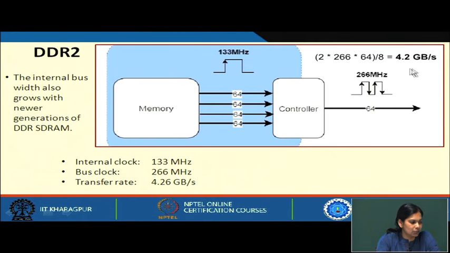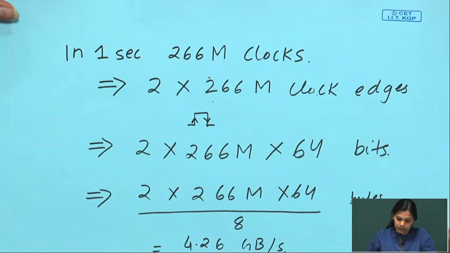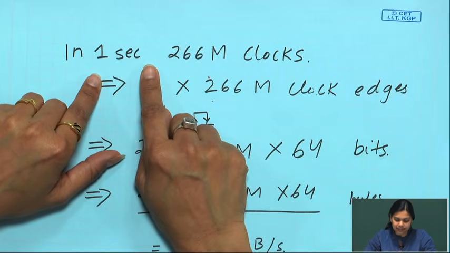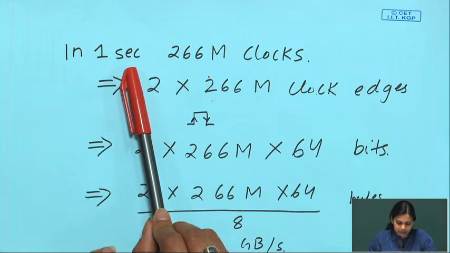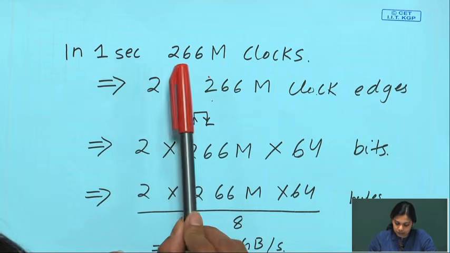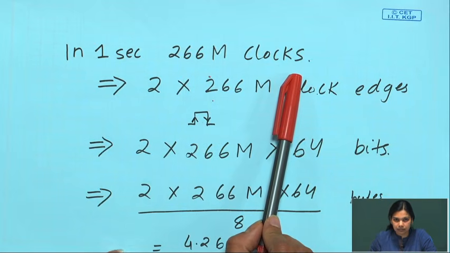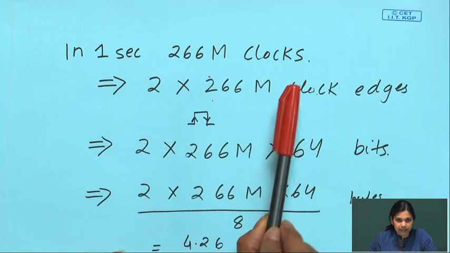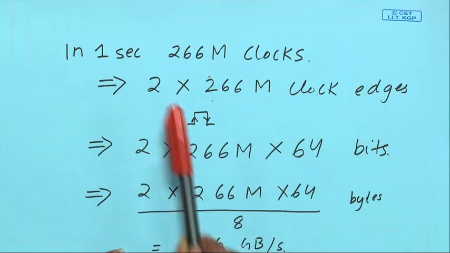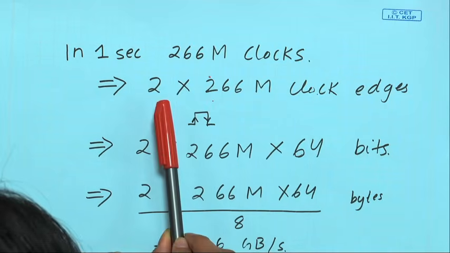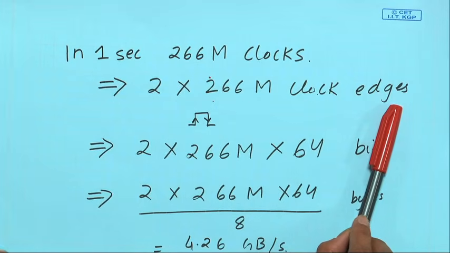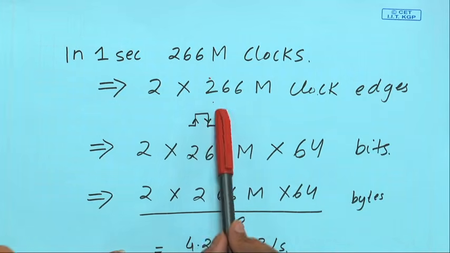Now, let us see how this calculation is actually happening. Internal clock is 133 megahertz, the bus clock is double of that, and we have to calculate the transfer rate. In 1 second, 266 M clocks will be coming. In each clock there is a rising edge and a falling edge. So, 2 into 266 M clock edges will be there in total, one rising and one falling.